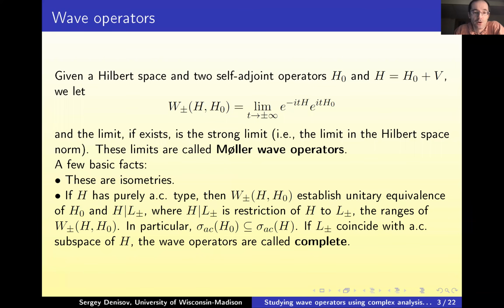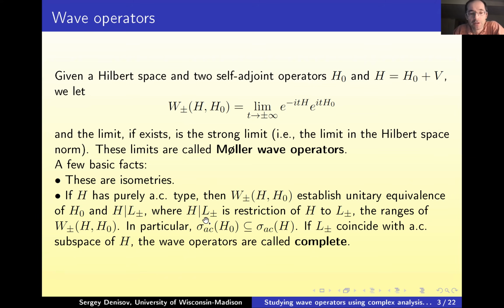First of all, these Møller operators are always isometries, just because every single operator here preserves the norm. Secondly, if H naught has purely AC type, then the Møller operator establishes the unitary equivalence of H naught and the restriction of H to the range of this wave operator.